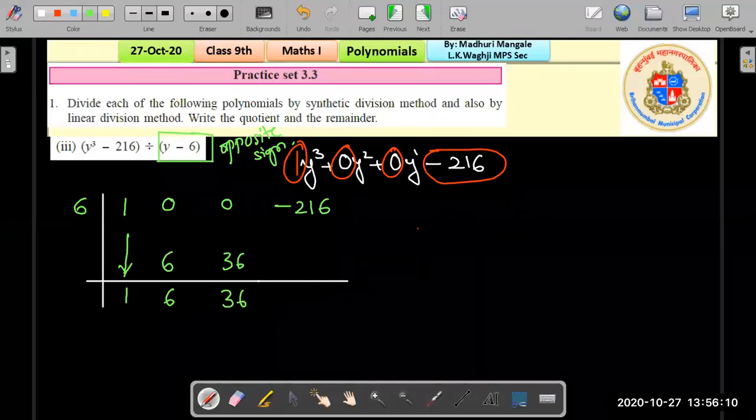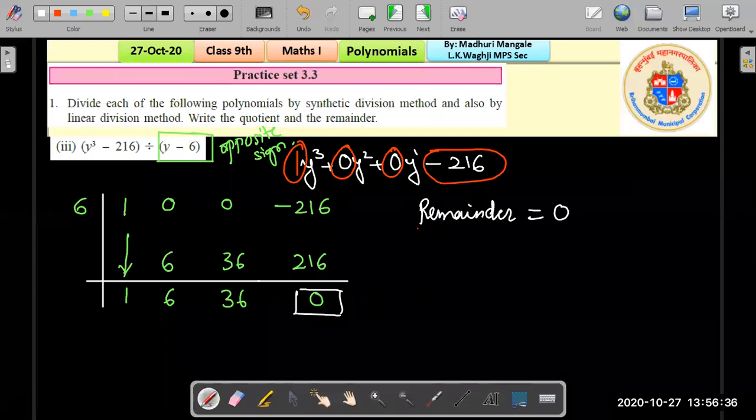Again multiply. So 6 times 36 will give us 216. We write it over here, 216. And combining the column, we get the remainder to be 0, right? The last number is always the remainder. So here we have got the remainder to be 0.